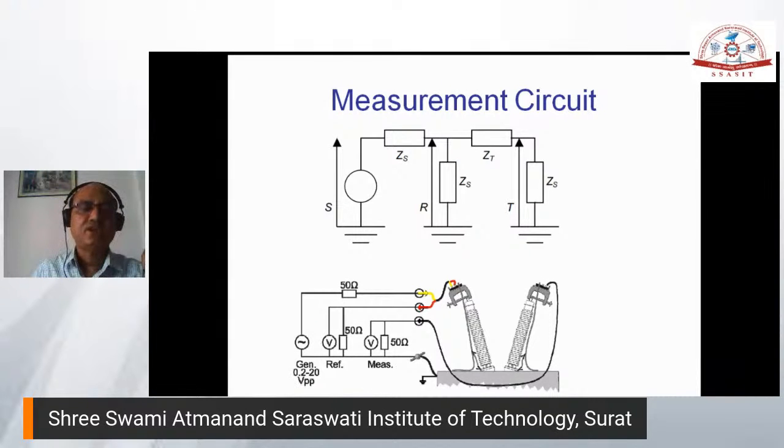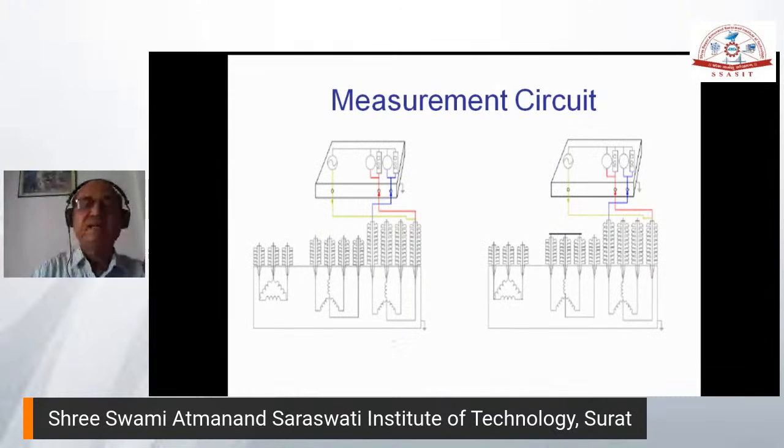It's normally 20 volt. The generator has a range of 0.2 to 20 volt, but it can be kept at 20. The sweeping frequency is more important, not the level of the voltage. So this is connected to one terminal, and at another terminal you are measuring, and the ratio can be measured.